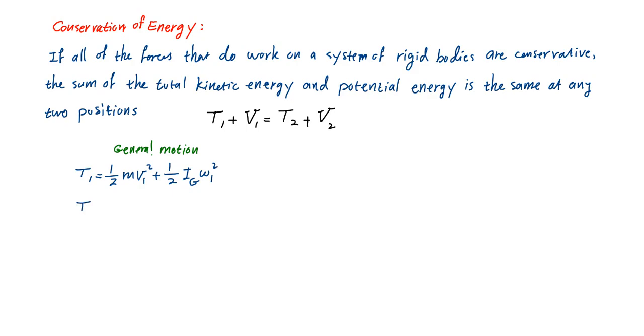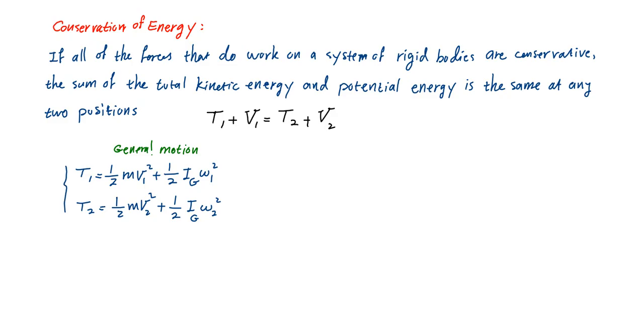And T2 would be 1 over 2 m v2 squared plus 1 over 2 Ig, the mass moment of inertia around the center of gravity, omega 2 squared.